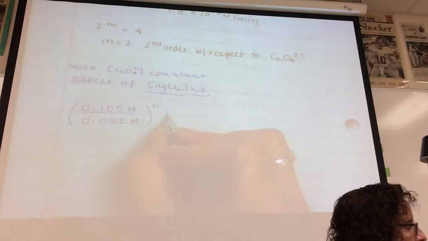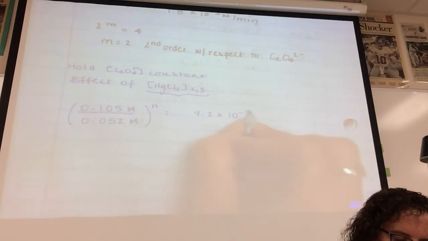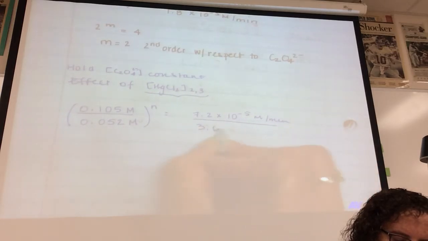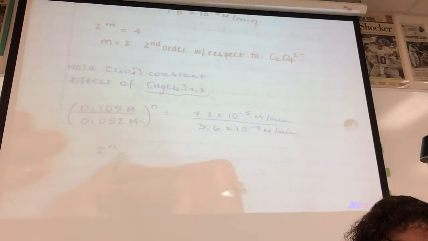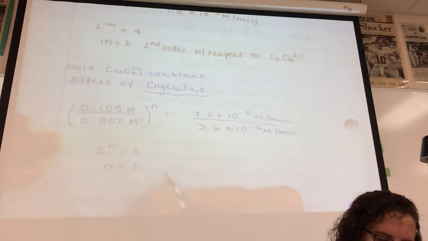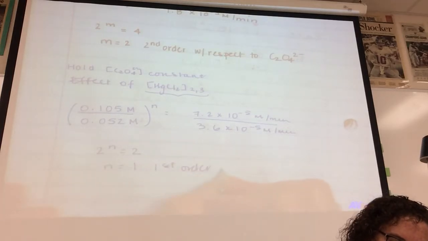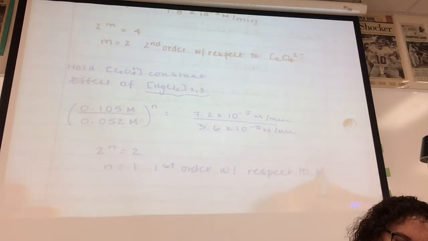And that's going to be, just be consistent here, experiment 2 over experiment 3 in regard to rate. 7.2 times 10 to the negative 5 molar per minute over 3.6 times 10 to the negative 5 molar per minute, and that's going to be 2 to the n is equal to 2, and n is equal to 1. So first order with respect to mercury 2 chloride.